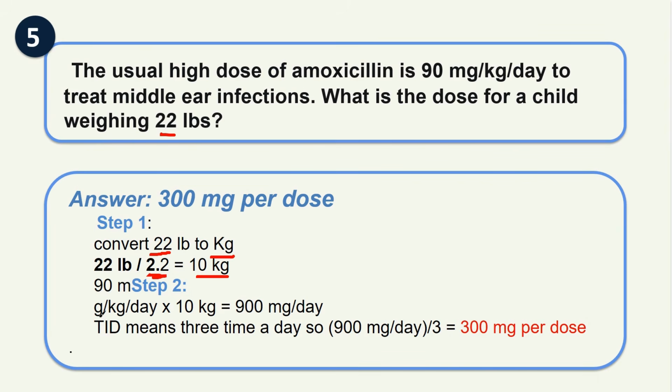The question says 90 milligram per kg, so for 10 kilogram, that becomes 900 milligrams per day. So the daily dose is 900, but the answers are given per dose. The patient is taking it 3 times a day as per the prescription. Therefore, if you divide 900 milligram by 3 times a day, the dose would be 300 milligram per dose.